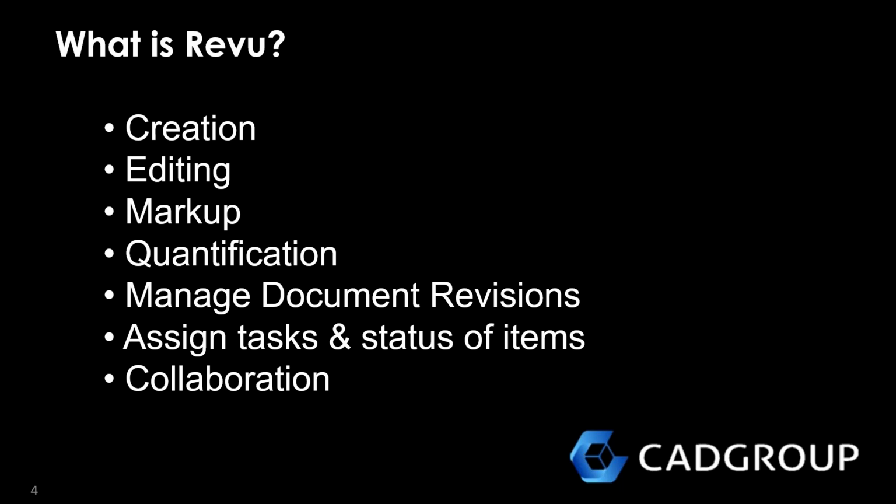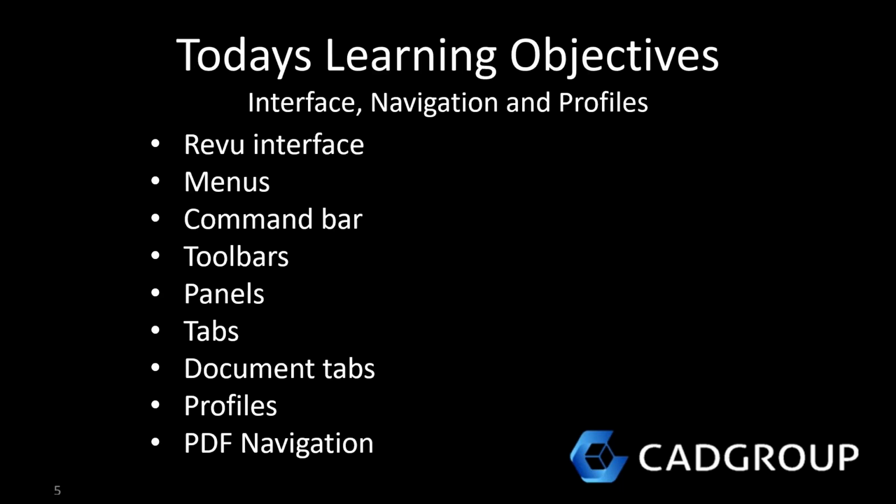So that could be a status where it's incomplete, complete. It could be an RFI. It could be a status that actually assigns a task to a specific person. And as we'll see at the end of the presentation, there'll also be a bit of a look at how you can actually collaborate in real time using Bluebeam Revu as well.